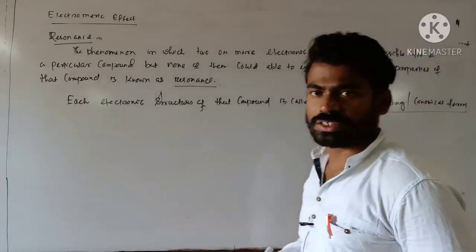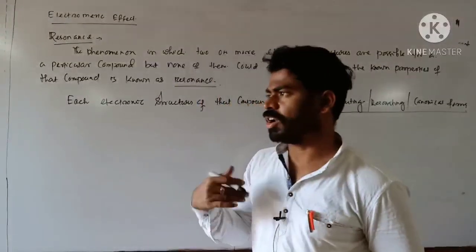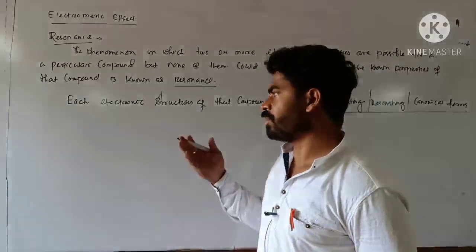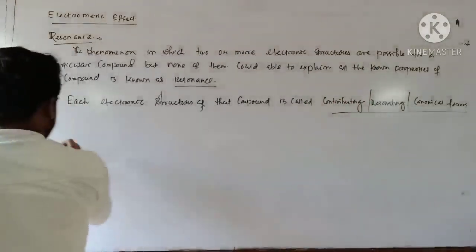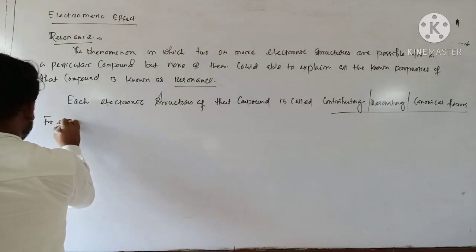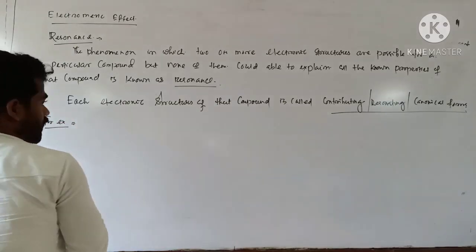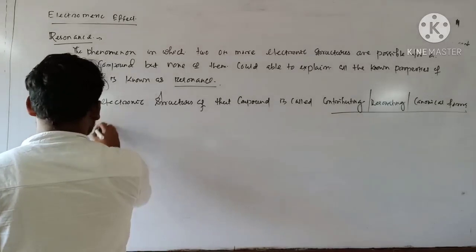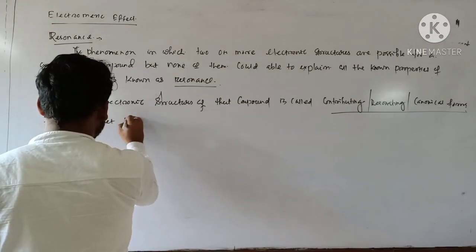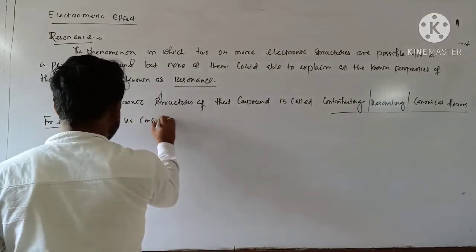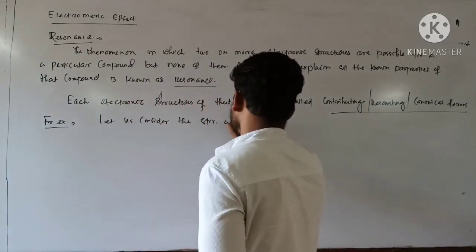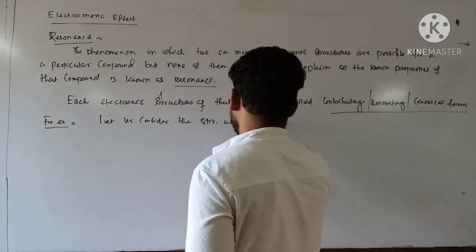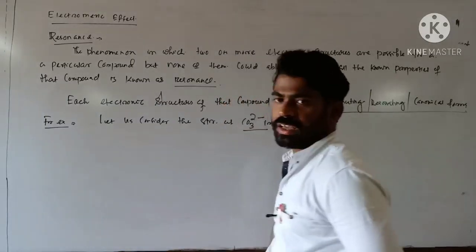Each structure is known as a canonical structure, contributing structure, or resonating structure. For example, let us consider the structure of the CO3 2- ion, carbonate ion.